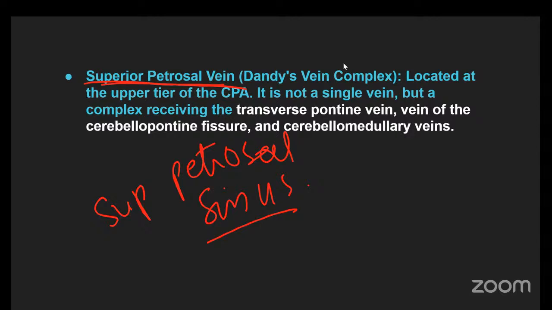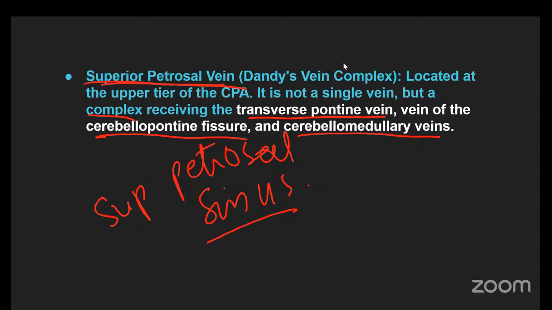Apart from this, why is it important? Because this is going to be near the superior end of our field. It's not a single vein. It's a complex. There is going to be the transverse pontine vein, the vein of the cerebellopontine fissure, and the cerebellomedullary veins. So 3 veins that you need to know.